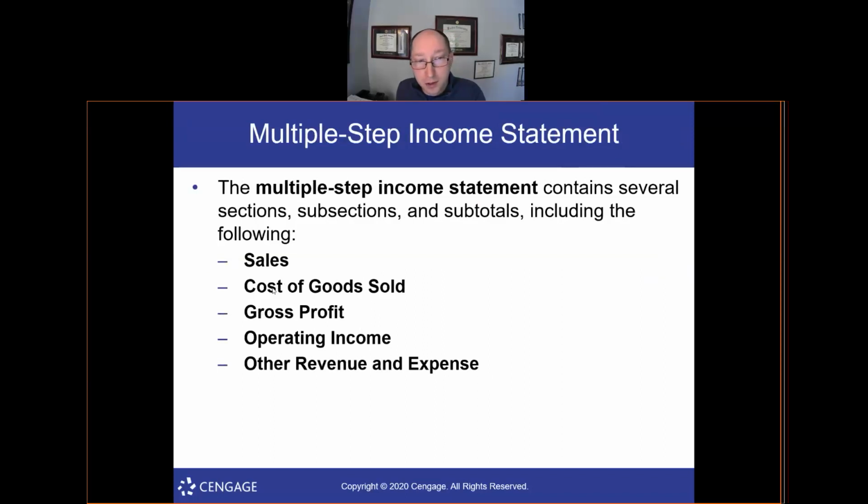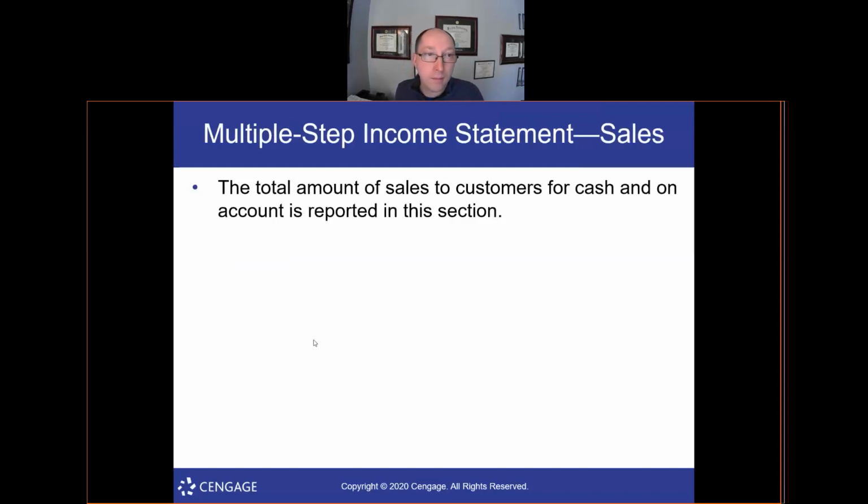This is what we call a multi-step income statement because it includes all of these steps. It's multi steps, yeah?